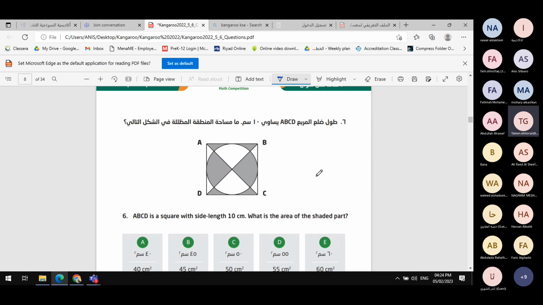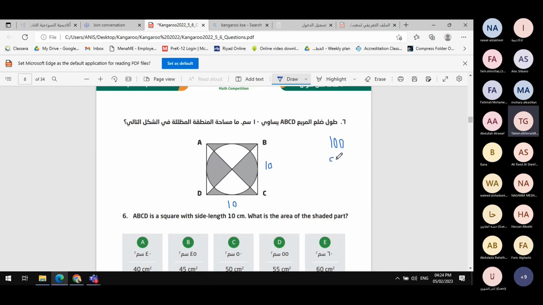I think, as we read here, that the side lengths, like the letters A, B, C, D, are 10 centimeters. So I'm going to think that we're going to multiply, maybe. I'm not sure. Okay, so by multiplying it, we will get that 100 centimeters squared is the area of the whole square.